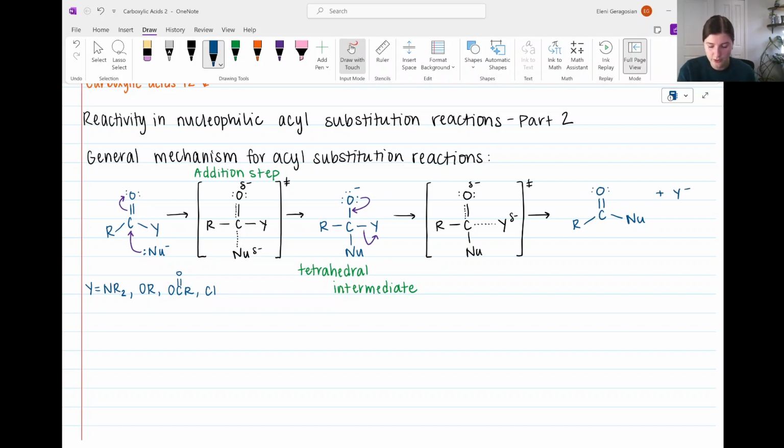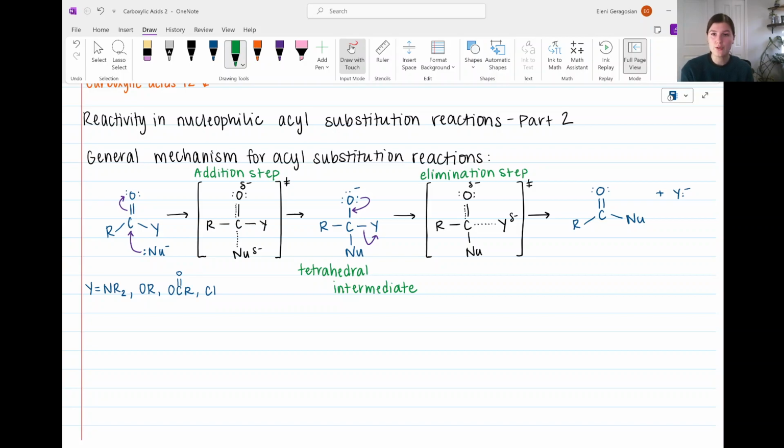And then our leaving group, Y, with a pair of electrons from the bond. So the second transition state that we drew shows the elimination step. And then we have our final product, which is the result of the nucleophilic substitution reaction. We've substituted the Y group for the nucleophile that's being added.